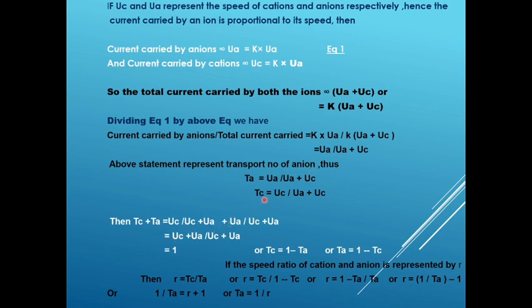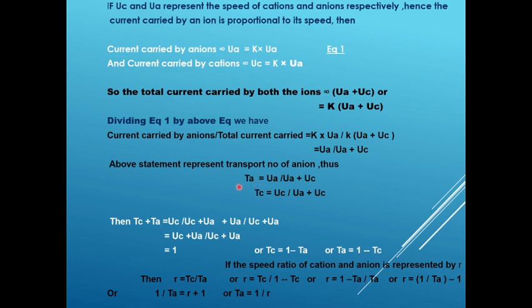In the same way, transport number of cation becomes speed of cation divided by total speed of anion as well as cation.